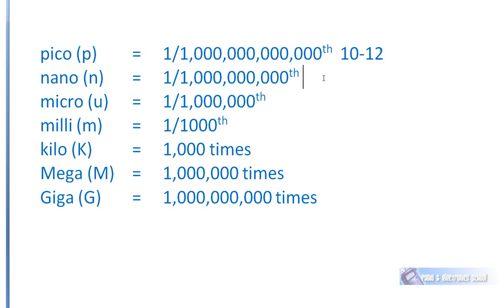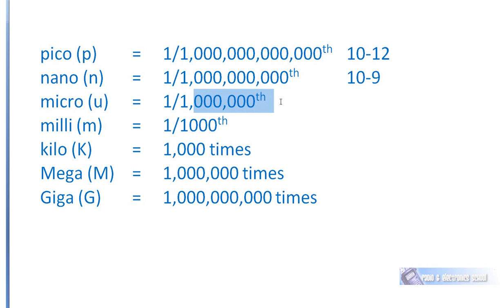How many zeros are there in nano? There's 9, and it's smaller than 1, so it's 10 to the power minus 9. I might just see if I can tab those across, get them nice and neat for you. And micro, you should be able to work it out by now, it's less than 1, so it's minus.